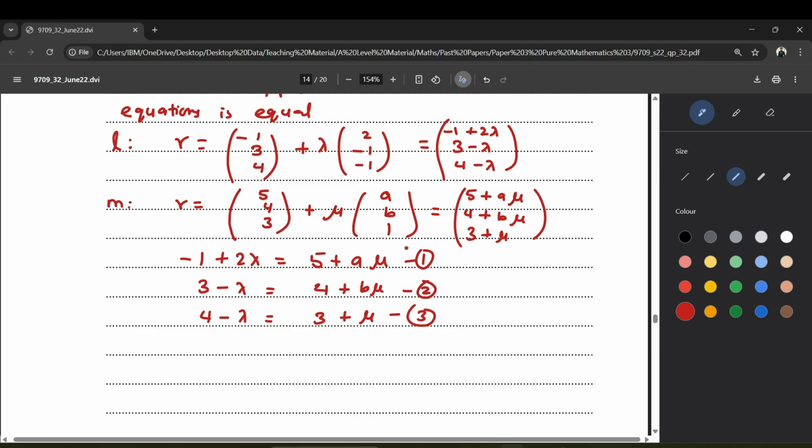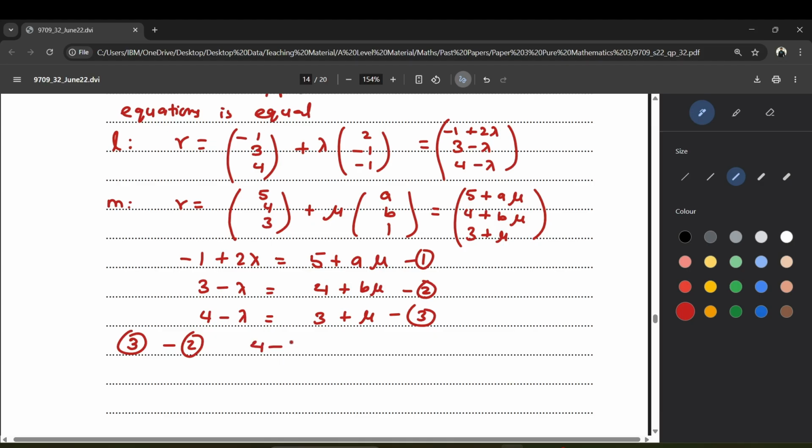Now the equation that we need to find should have only b and a. So that means I have to eliminate lambda as well as mu. So from the given equations, I subtract equation 3 and equation 2.